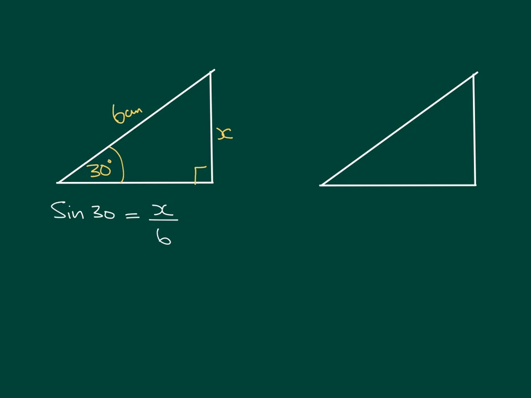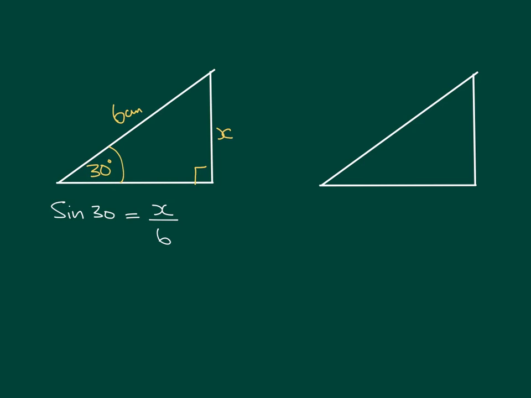Now, if you're asking the question how we know that we need to use sine, then you need to go back and revise your trig ratios or SOHCAHTOA or whatever it is that you use to remember. But at this stage you shouldn't be asking that question. You should know what we're actually doing here in terms of using the trig ratios.